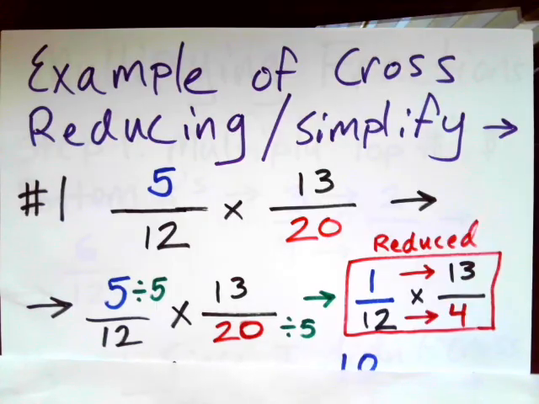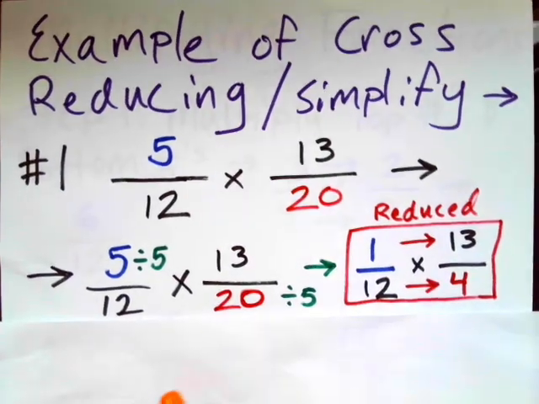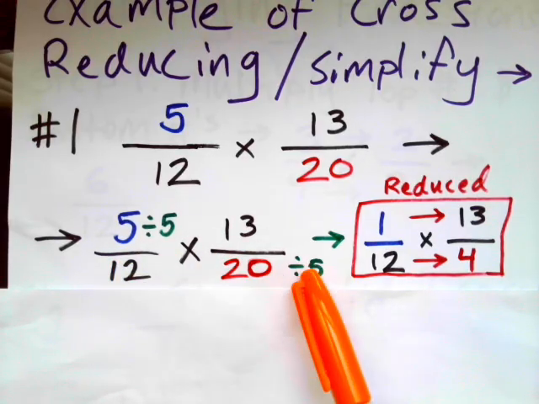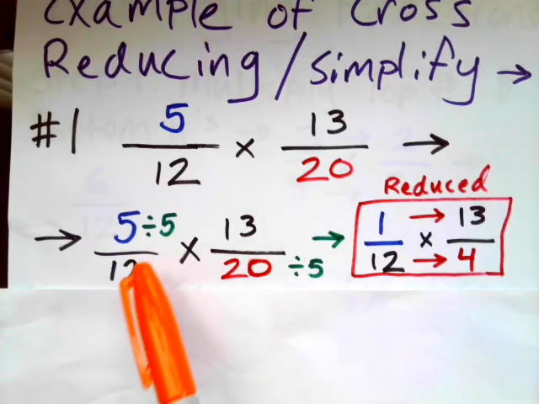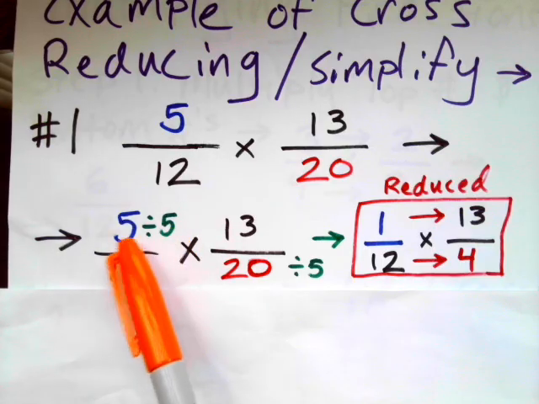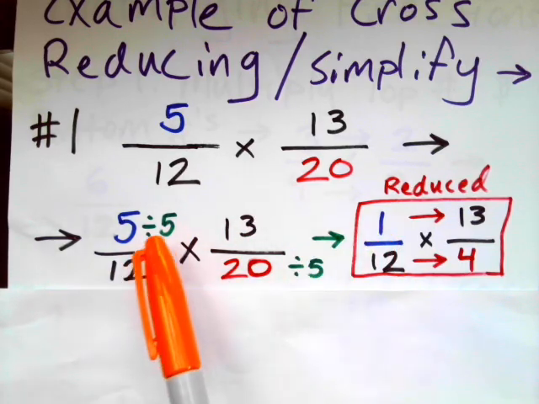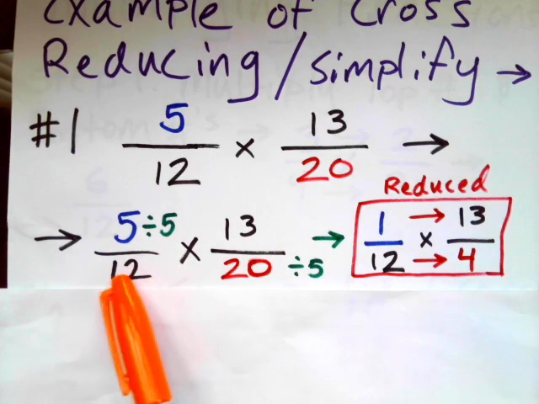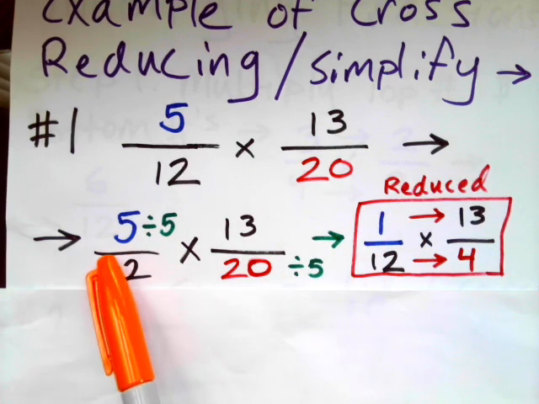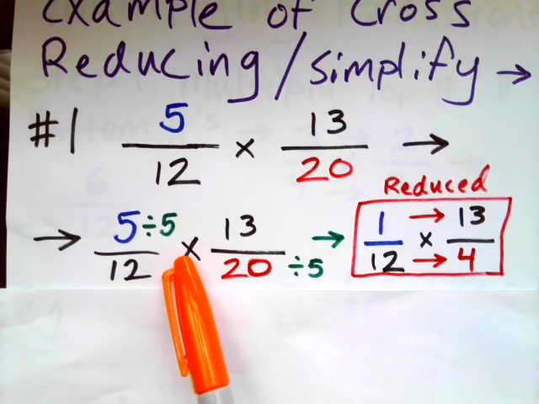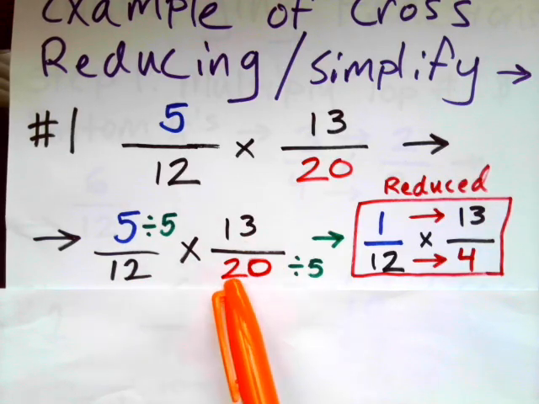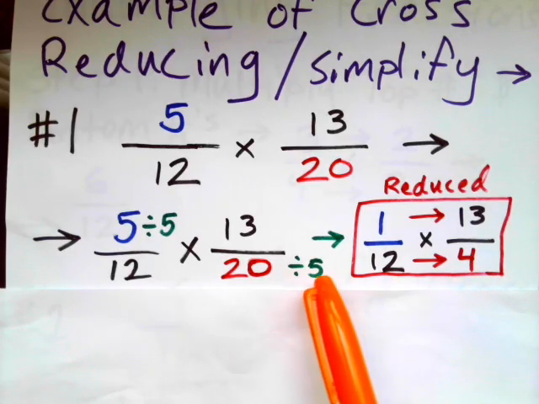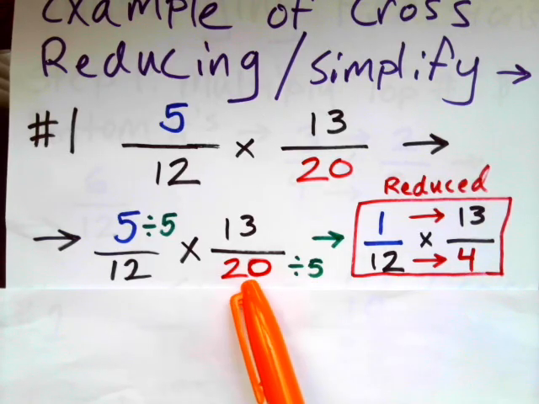So you can see here down below, I have 5 divided by 5, and then 20 divided by 5. 5 divided by 5 is 1. I'm not going to do anything but rewrite the division bar and 12 times 13 over 20. 20 divided by 5 is 4. Why? Because 4 times 5 equals 20, right?